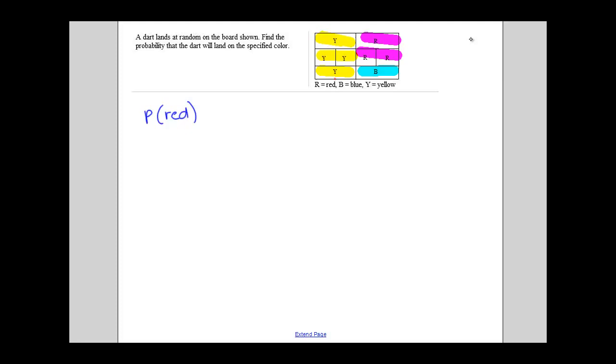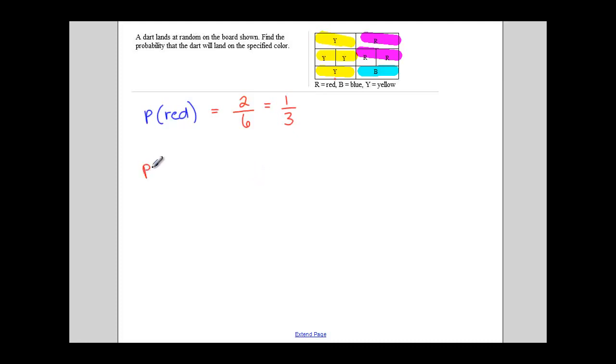Those all have an equally likely chance of being chosen, the larger rectangles. So out of the 6 larger rectangles, 2 of those are red. So 2 out of the total of 6 are red, which would mean that 1 out of every 3 is red once we simplify that fraction.